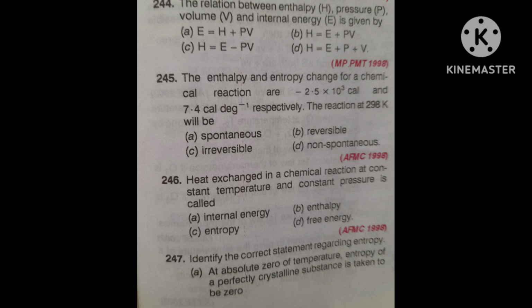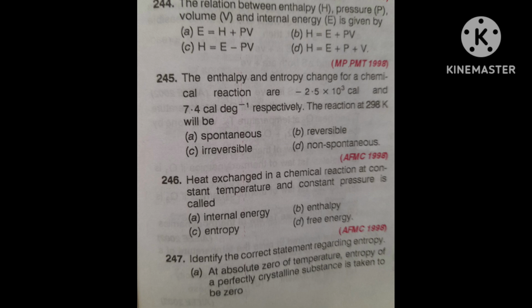Second, at absolute zero of temperature, the entropy of a perfectly crystalline substance is positive. Third, absolute entropy of a substance cannot be determined. Fourth, at 0 degree centigrade, the entropy of a perfectly crystalline substance is taken to be zero.